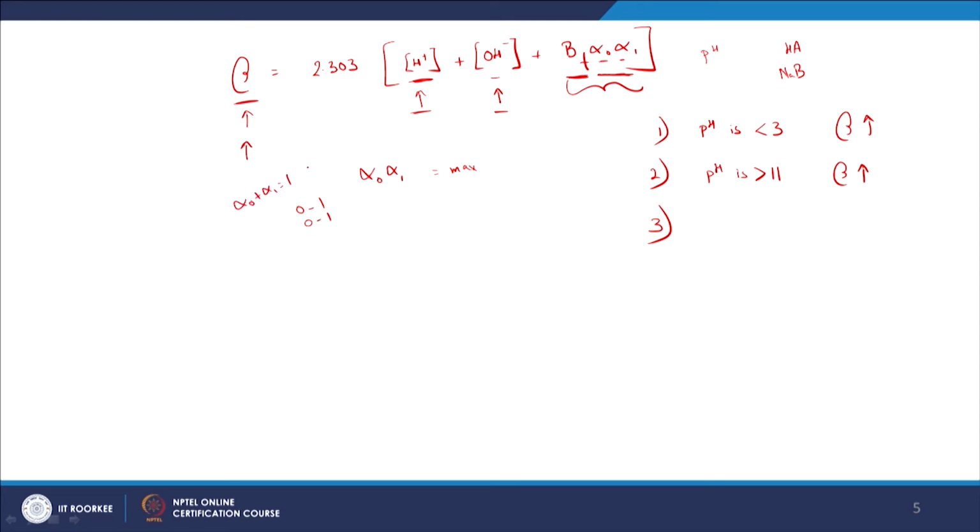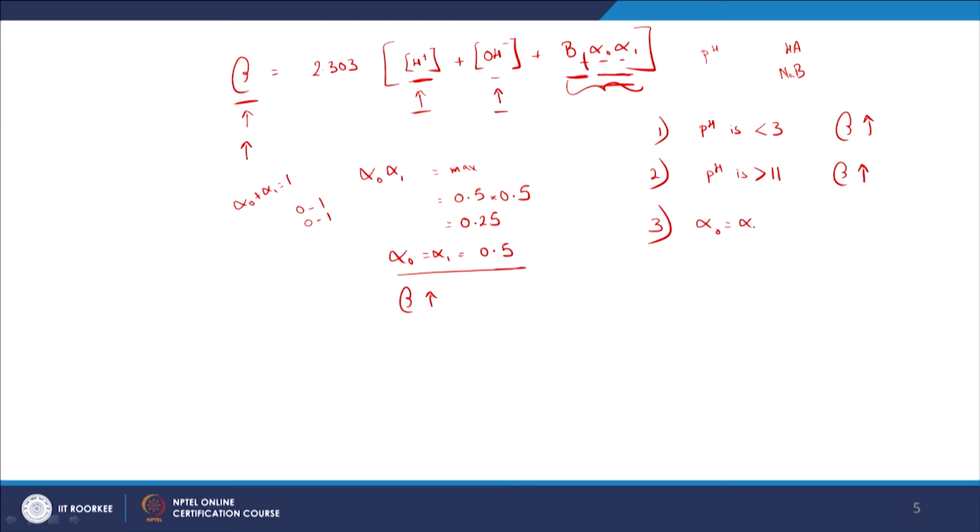So it is going to be maximum only when it is 0.5 into 0.5, which is equal to 0.25. So, only when alpha naught equals alpha 1 equals 0.5 will we have the buffer intensity to be maximum. So, what is that about?